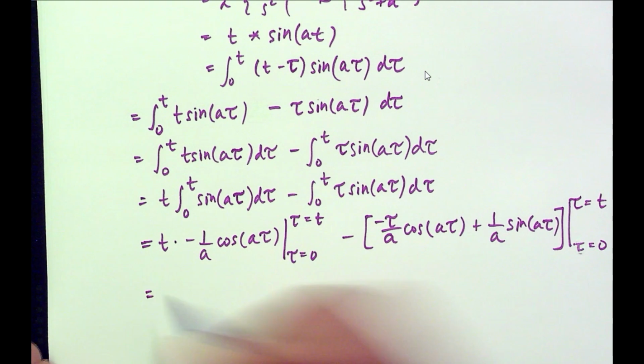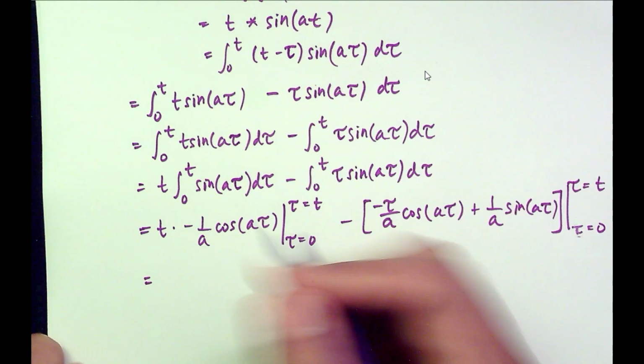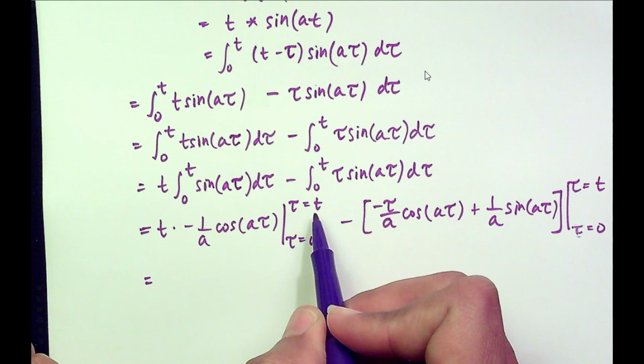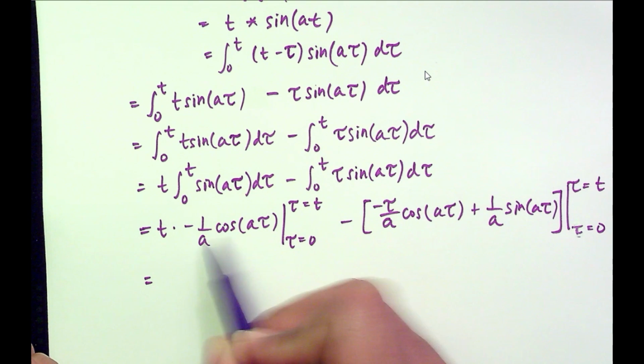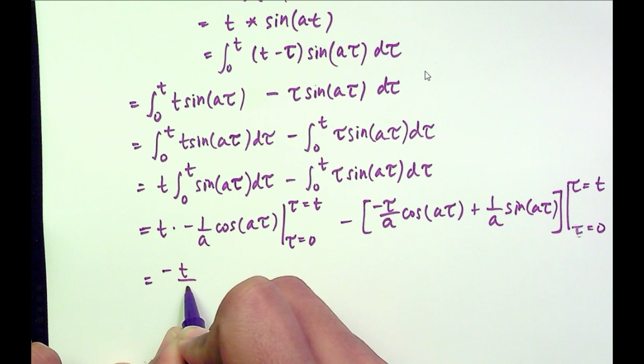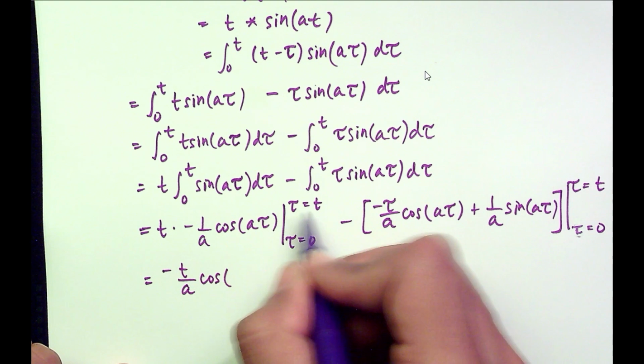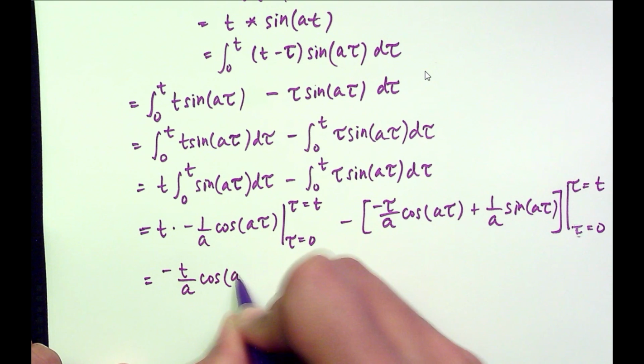Okay, now let's plug in and then simplify. If you plug in tau equals t, I'm just going to put these two together. So this is minus t over a cosine, and I'm plugging in tau equals t, so this is a t.